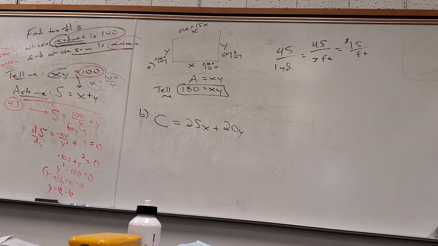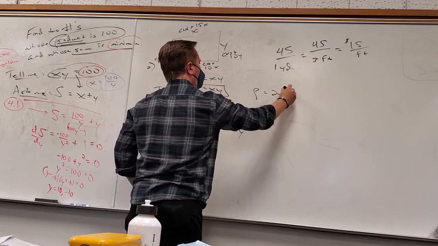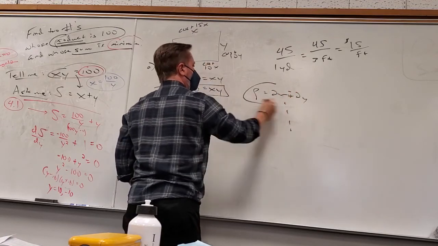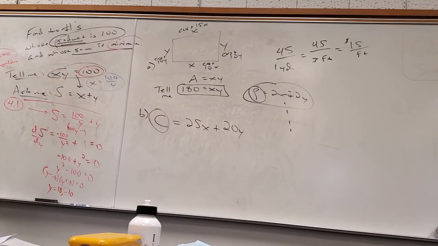If they say maximize the life of a dog, your equation better be dog lifespan in years or whatever, yes? That's what the equation better be built to give you. Does that make sense? What I get with this kind of problem is somebody writes the perimeter as 2x plus 2y and they start doing derivatives. I'm like, I don't care about the perimeter, I want the cost. I want to minimize the cost, right? So your function better be a cost function.